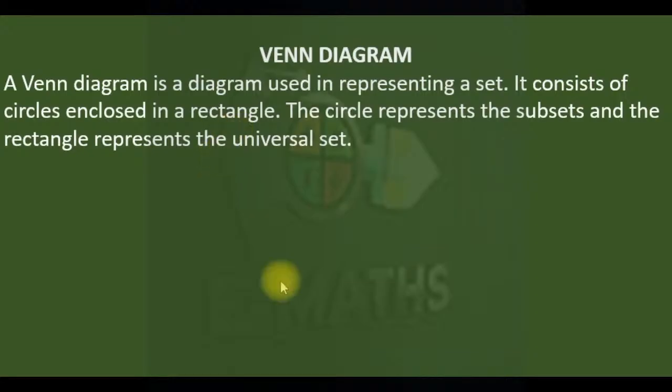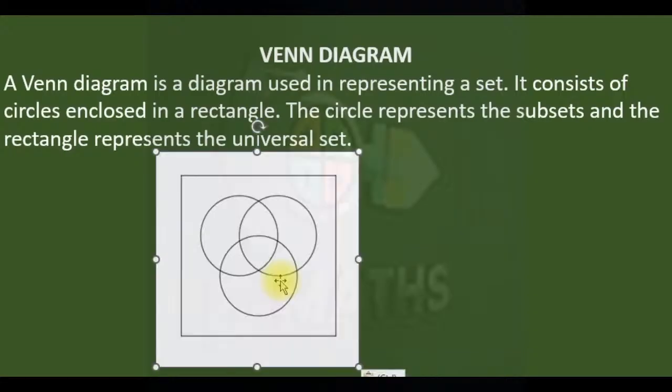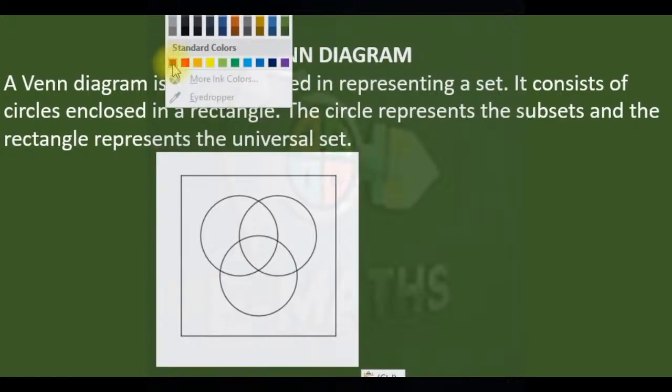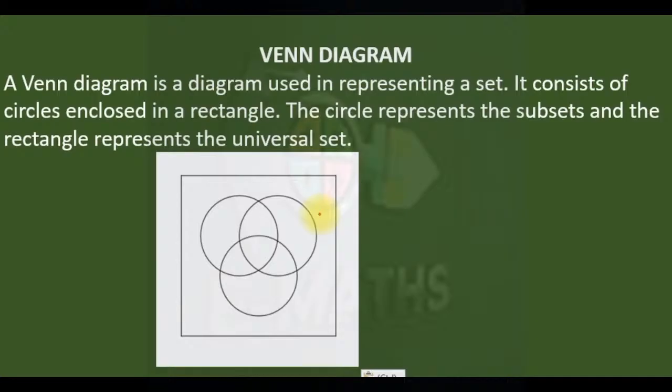Okay, so the major information here must be circles and also a rectangle. The circles are the content of the universal set, that's the subsets. See a typical Venn diagram. So from this, you can see that we have a rectangle. This rectangle is the universal set, that's the container.